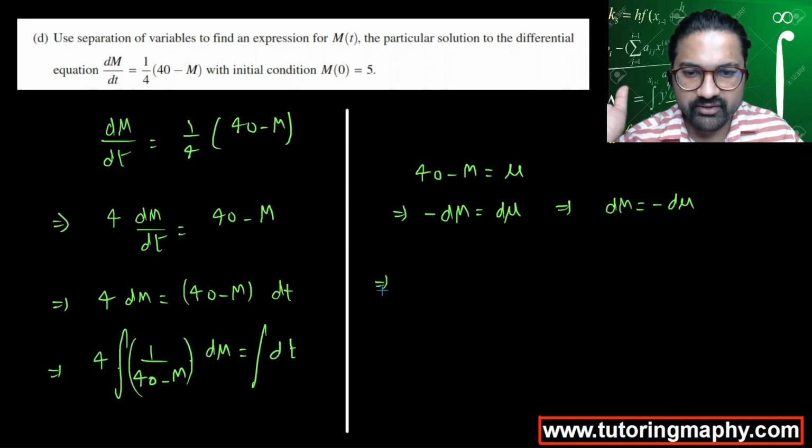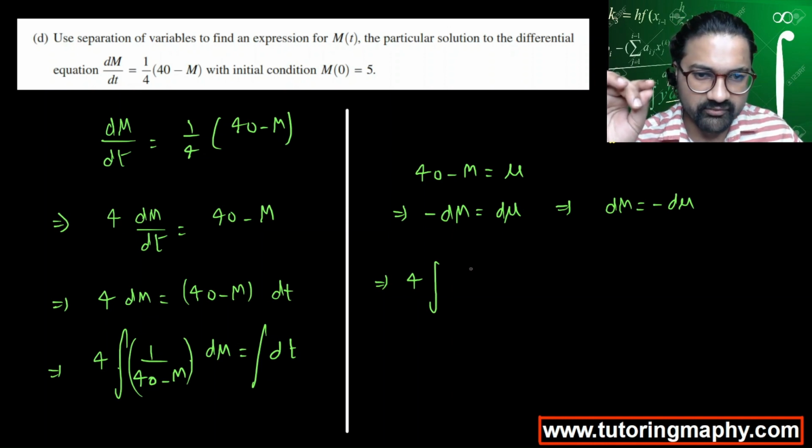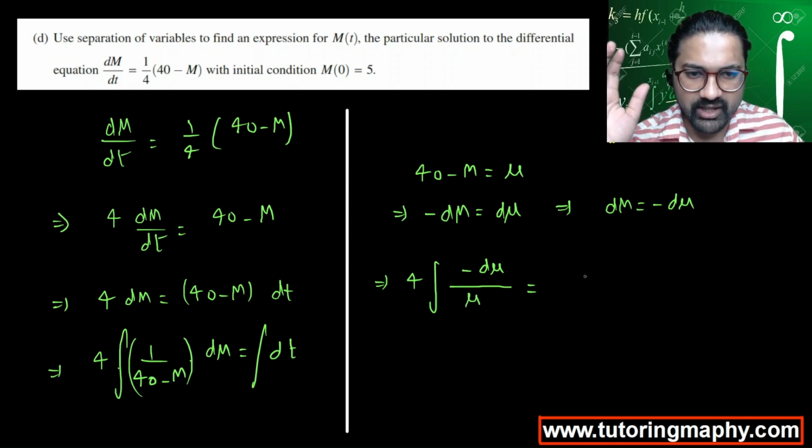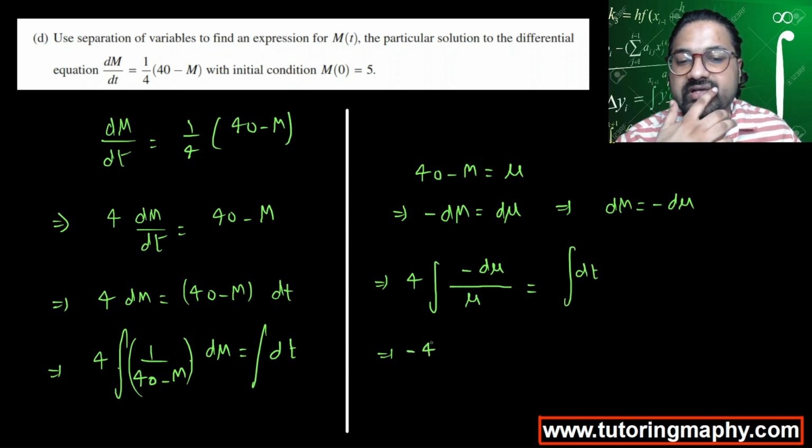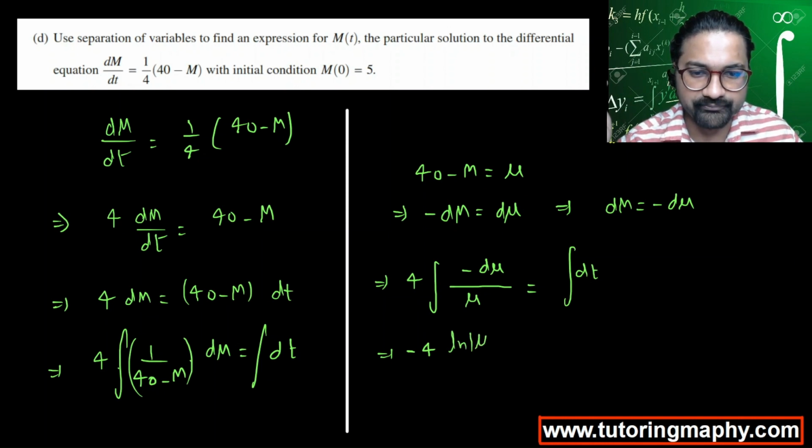So the left side integration is going to look like 4 times dm replaced by negative of du, over 40 minus m which is just u, and dt is just dt. So this is going to look like negative 4, and what is the integration of 1 over u? That's natural log of absolute value of u, and that is equal to t plus some constant of integration c.